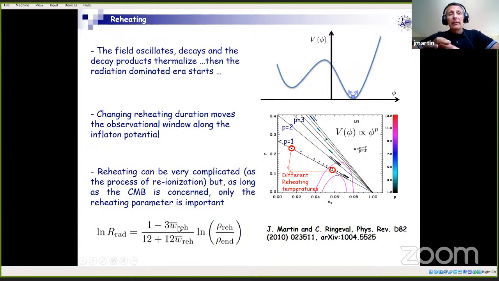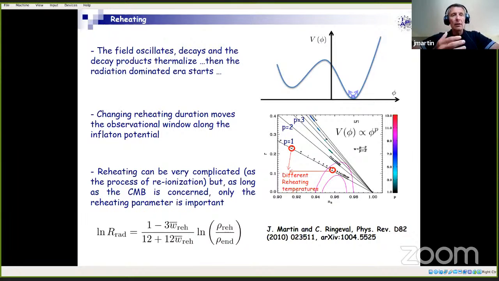And if W is 1/3, if you have a phase of reheating with a radiation-dominated era equation of state parameter, R is also 1. So these two things give the same value for the reheating parameter, which is not a proof that this parameter is correct, but which I think makes intuitive the fact that it is relevant.